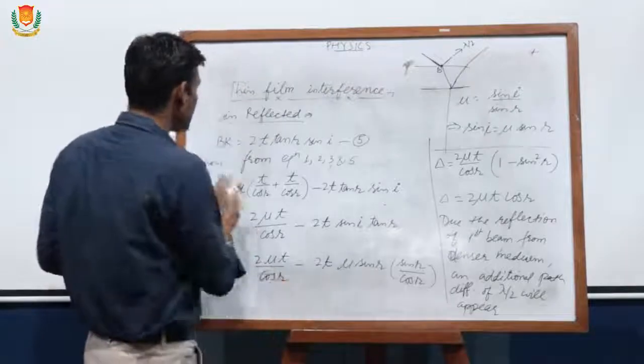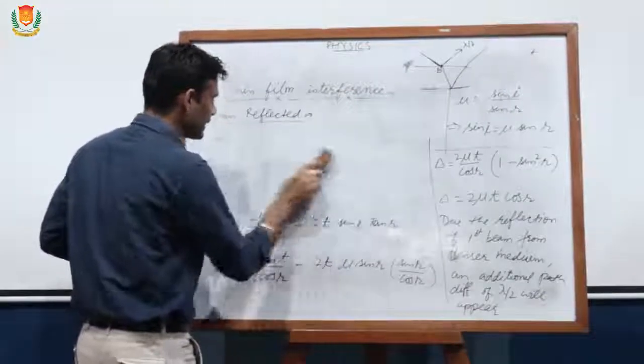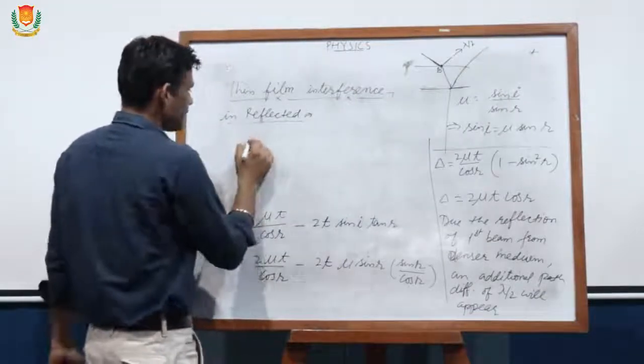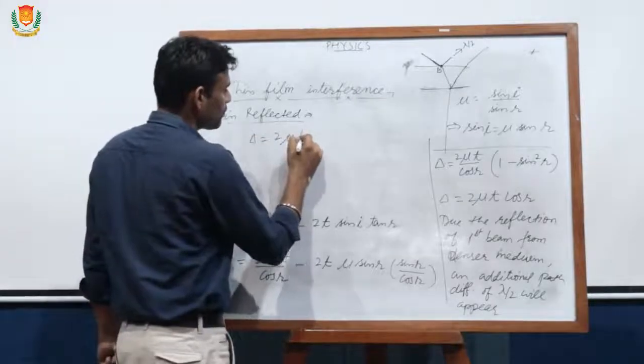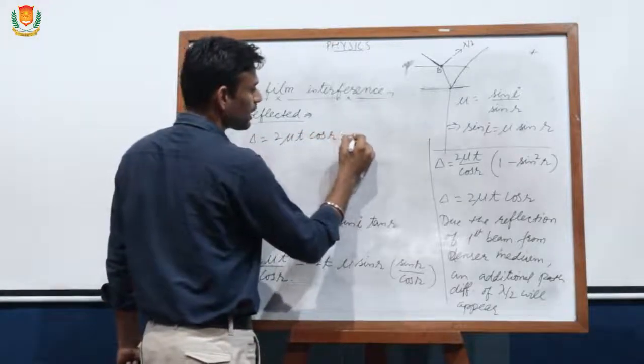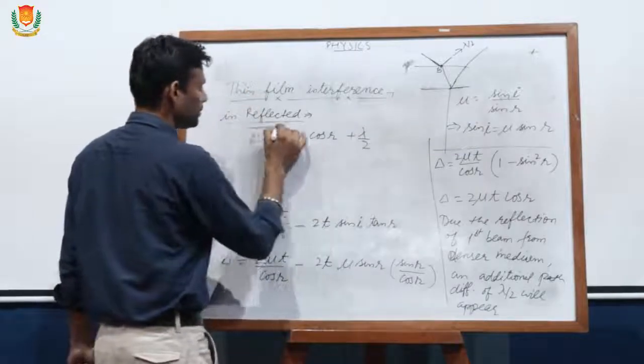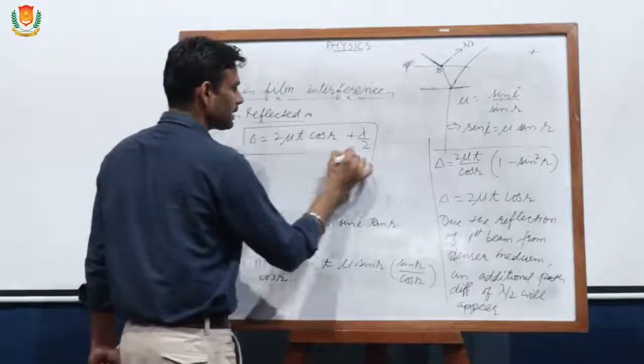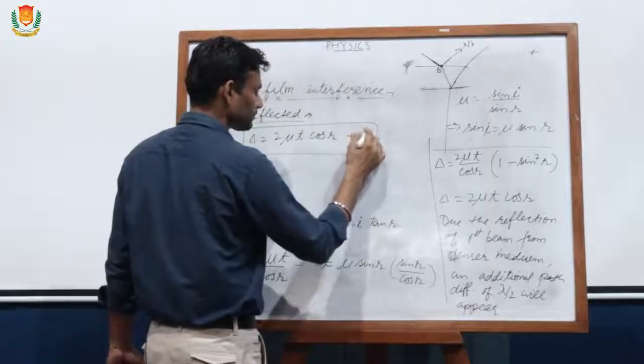So the net path difference between the two beams in the reflected system will be delta equal to 2 mu T cos r plus lambda by 2. This is the net path difference.